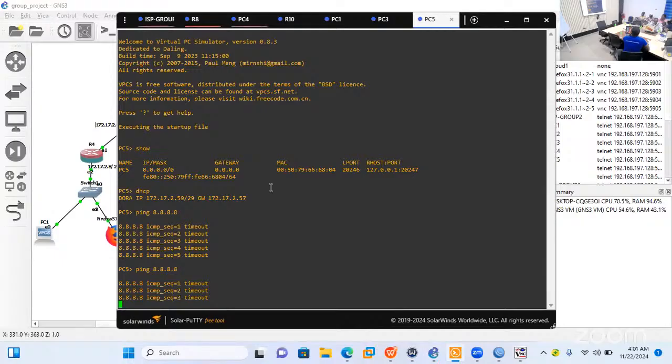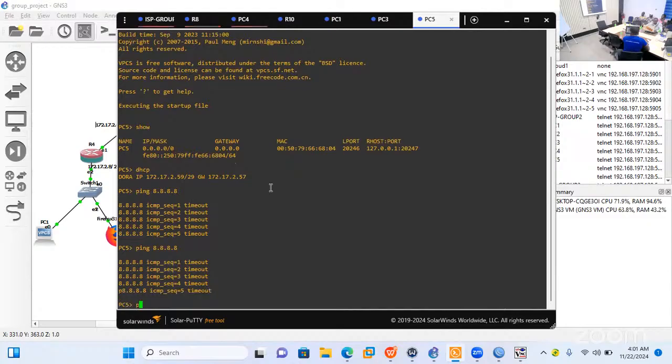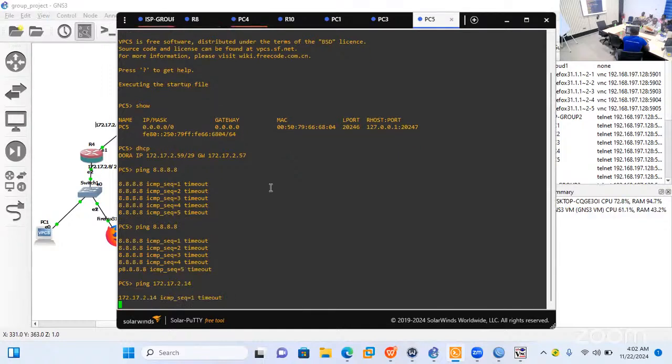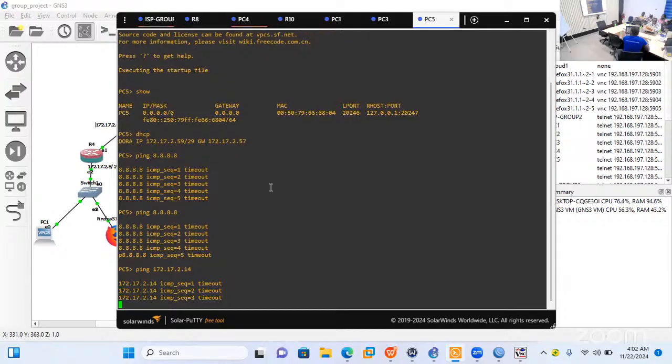Okay, let's do an internal test and see if we can go over to the other network. So I'll ping the IP address of that browser. Ping 172.17.2.14. It's also timing out.